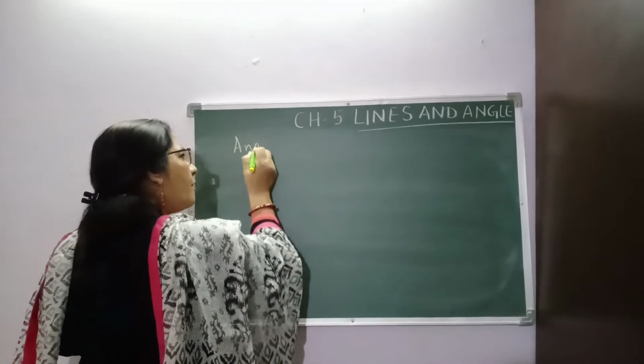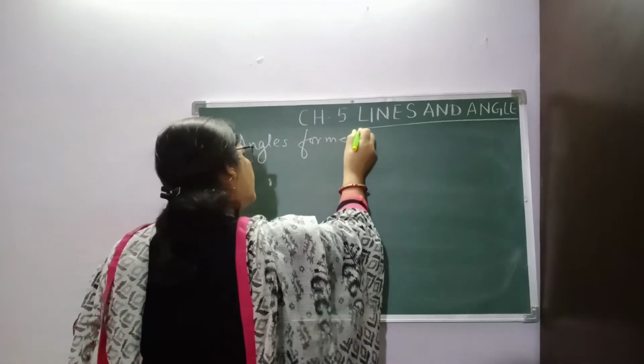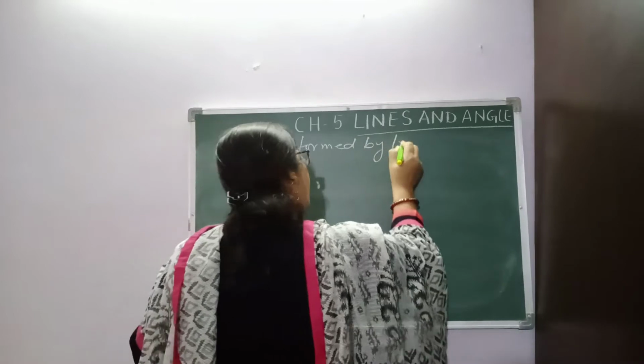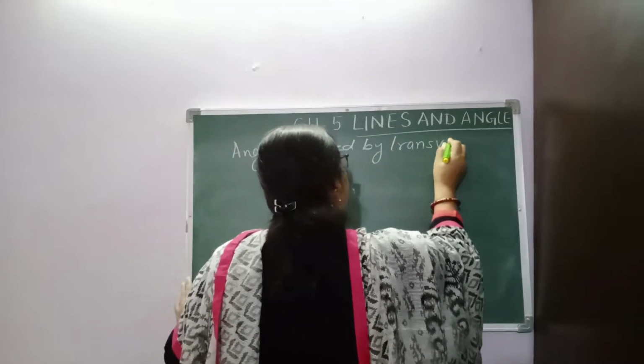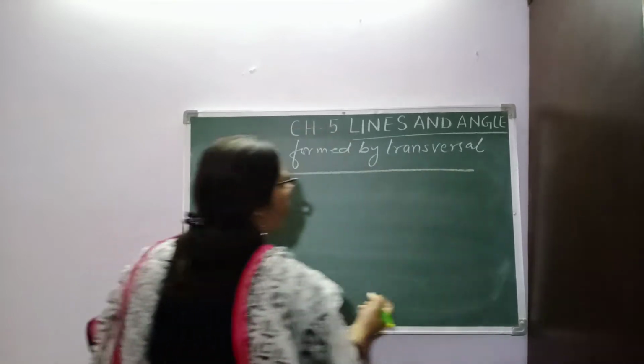Now, angles formed by a transversal. How?